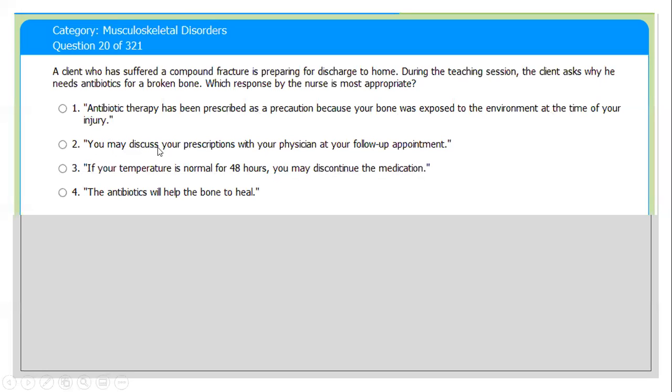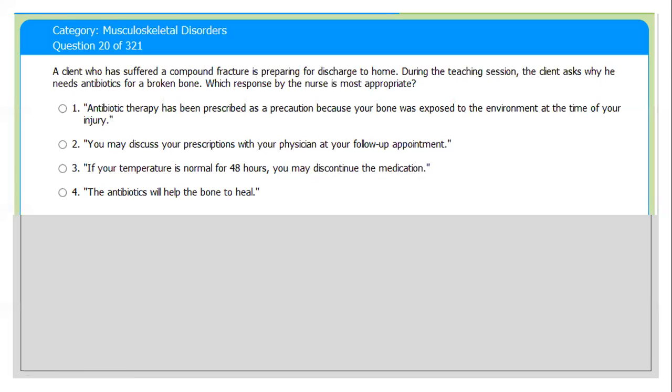Number 2, you may discuss your prescriptions with your physician at your follow-up appointment. Number 3, if your temperature is normal for 48 hours, you may discontinue the medication. Number 4, antibiotics will help the bone to heal.